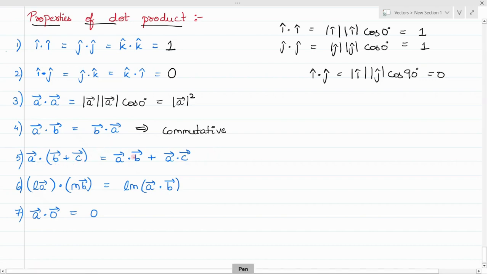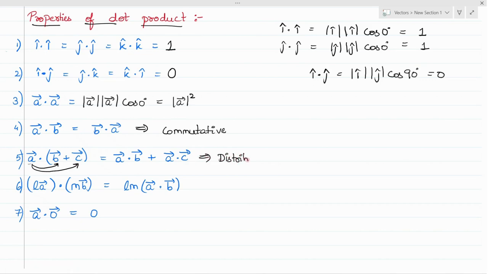Next, a dot (b plus c). So here we can distribute the a over these two vectors. So dot product is distributive. Next, l times of a vector dot product with m times of b vector. As l and m are constants, we can take them out.